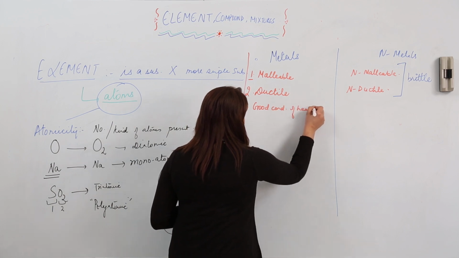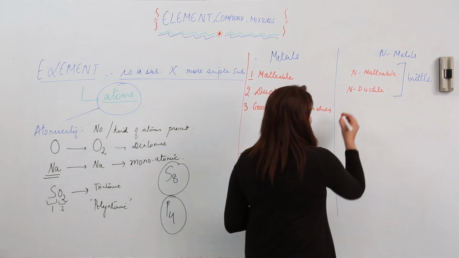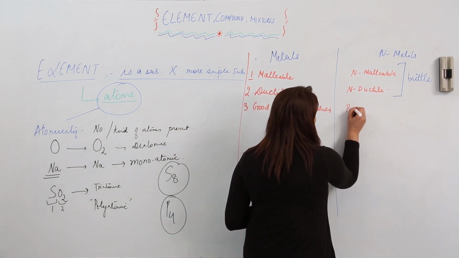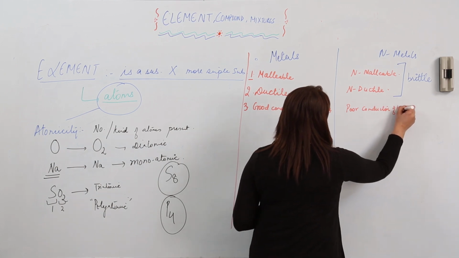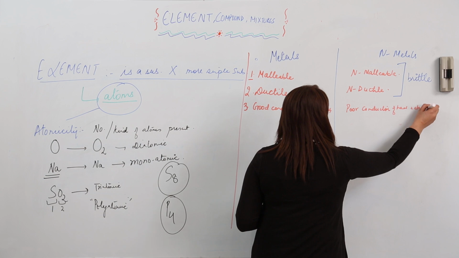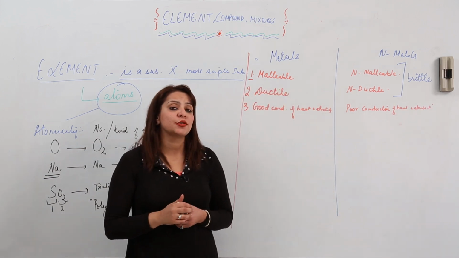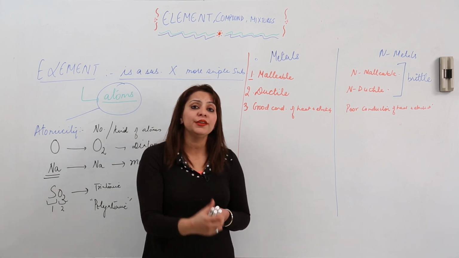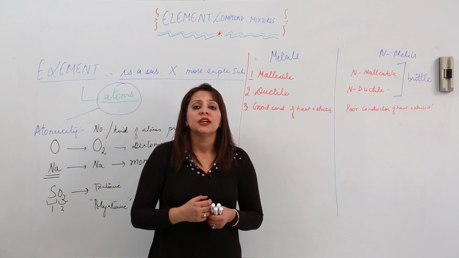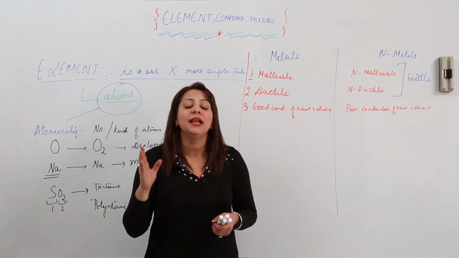heat and electricity. And if we compare non-metals with metals, they are actually poor conductors of heat and electricity. The reason is, just keep in mind, for any substance to be a good conductor of electricity, the property it should possess is that it should have free mobile electrons.